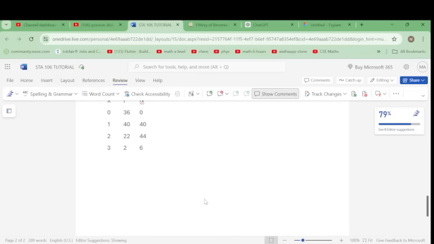Put your x as 0, 1, 2, and then 3. Then go to the second column and put the 36 as your y.